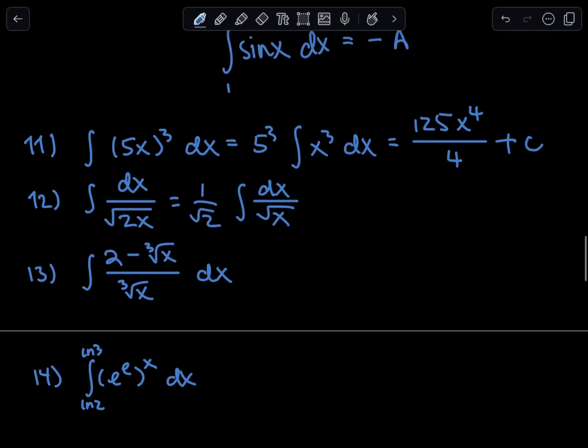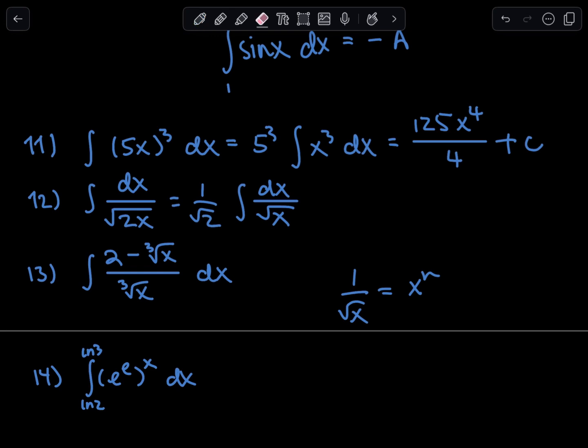Now we can bring the dx on the bottom, and let's write 1 over the square root of x as x to the power of n, so that we can use the reverse power rule.